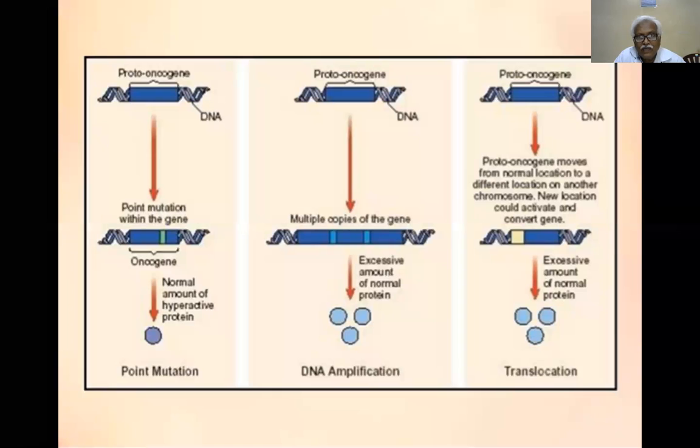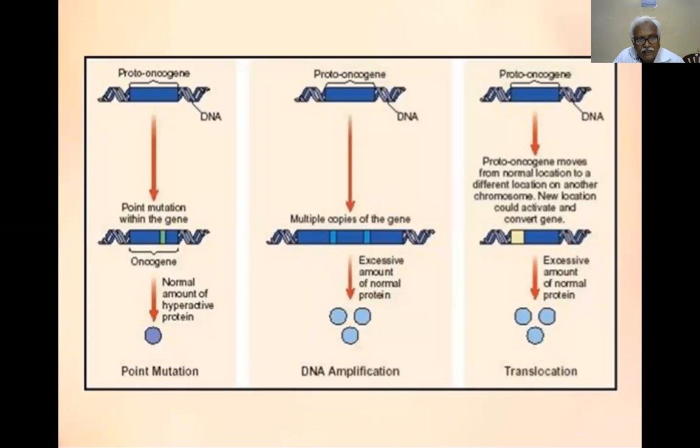So this is the simple diagrammatic representation. Proto-oncogene near the DNA, then point mutation in the gene resulting in a hyperactive protein. Proto-oncogene with multiple copies of the gene results in an excessive amount of normal protein, which is DNA amplification.